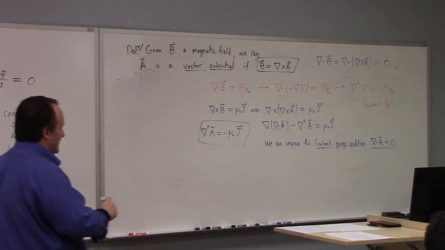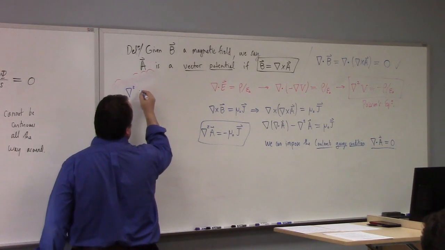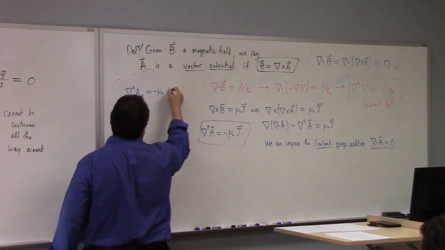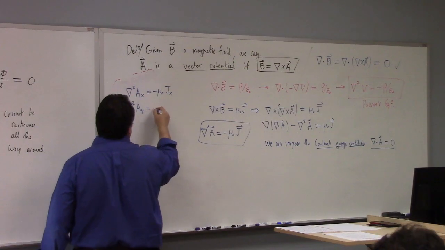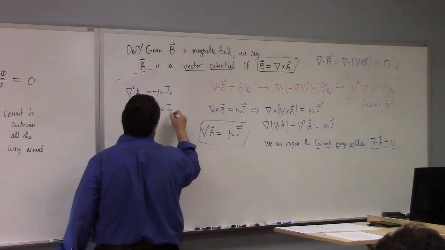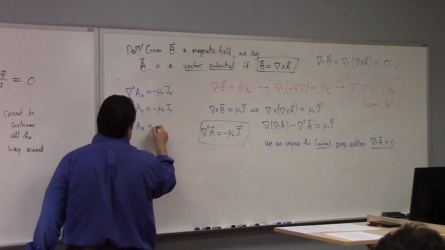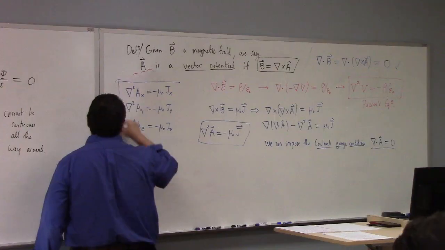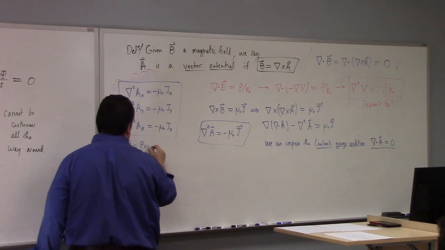The Laplacian of the x component is minus mu naught times the x component of the current density. The Laplacian of the y component is minus mu naught times the y component. The Laplacian of the z component is minus mu naught times the z component. So we actually have not one, not two, but 3 Poisson equations.